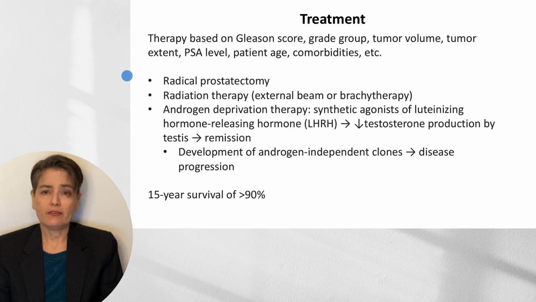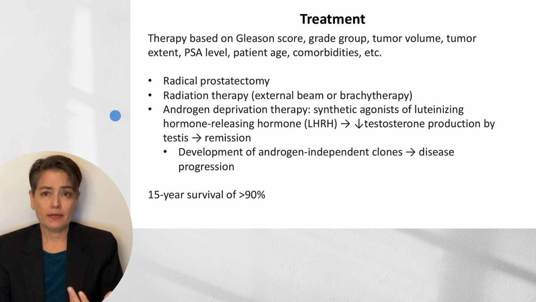There are a variety of therapeutic possibilities that can be used alone or in combination. Radical prostatectomy is typically the surgical approach. There can be robot assistance on this as well. Radiation therapy, either external beam or brachytherapy, in which radioactive beads are implanted into the prostate, can be used. And these can be combined with androgen deprivation therapy.